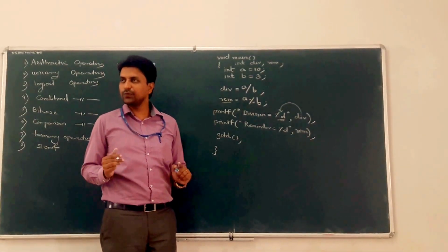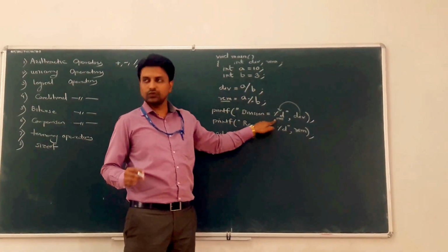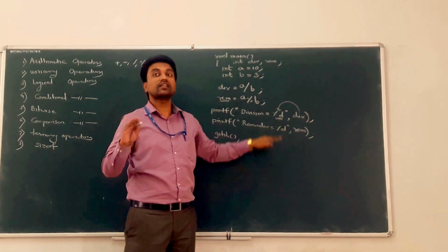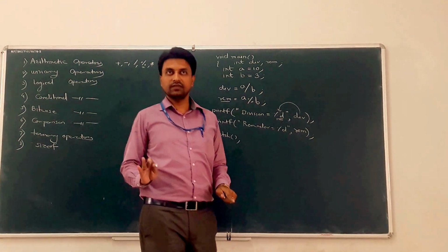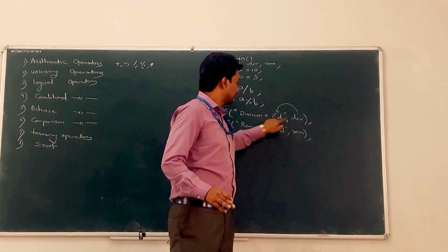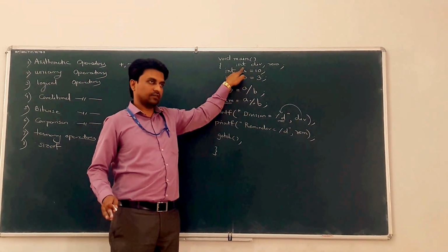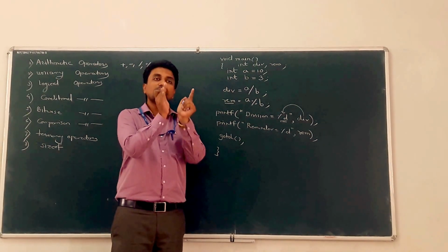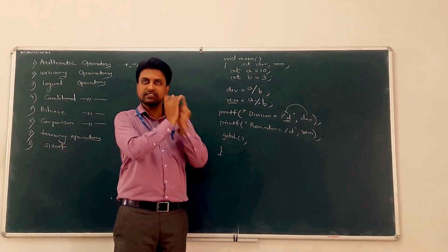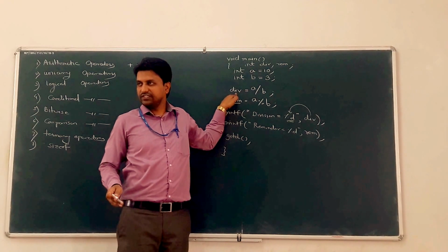What is the expected output? Division is equal to 3, not 3 point something, because the division variable is an int. So only the int part is assigned to the division variable.